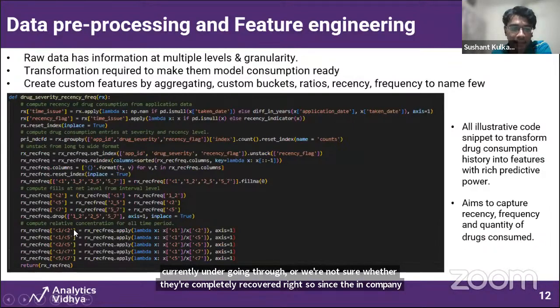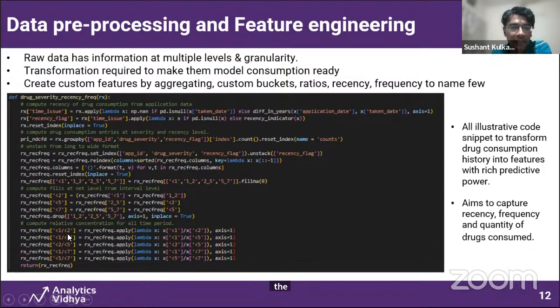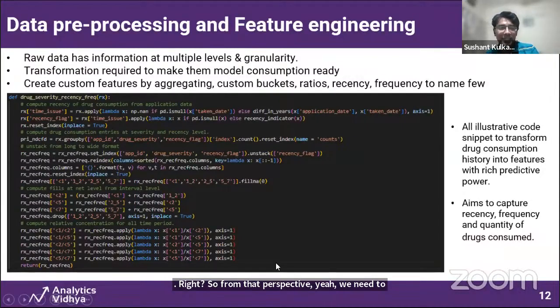You can see some of the features here, where we're trying to capture whether drugs were taken in the last 1 to 2 years, or mostly some time back, like 5-7 years ago. These help you create something the model can understand.